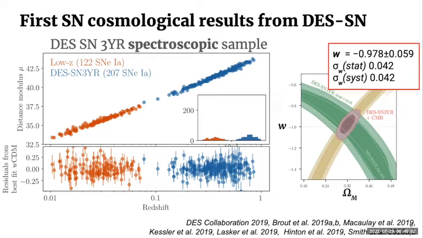This is not only because in this analysis we included just the first 3 years of DES, but more importantly, because each of these DES supernovae that you see in this Hubble diagram required hours of telescope time in order to get a spectrum of the supernova and confirm that it was a 1A. If we relax the requirement of a spectrum of the supernova, we actually get a sample that is 10 times larger. And you can see this in the next slide.